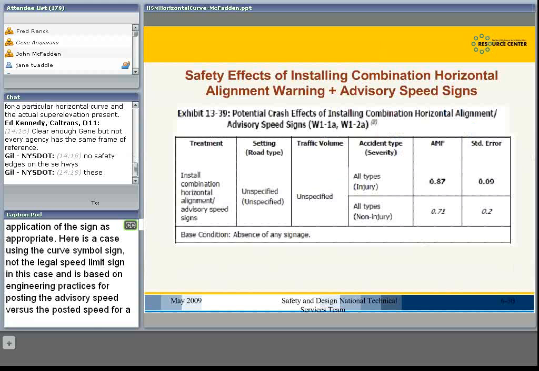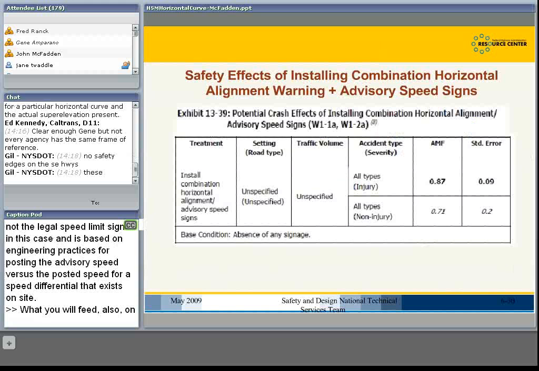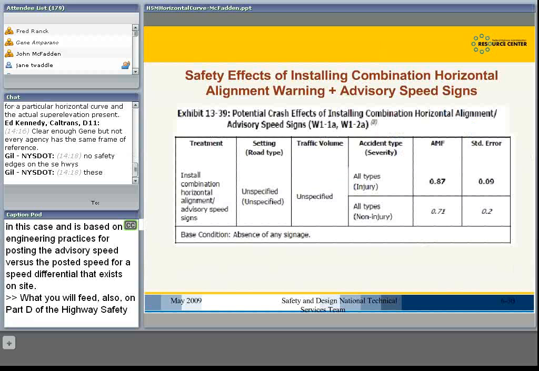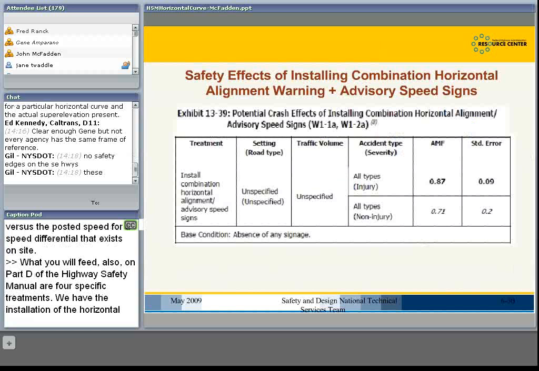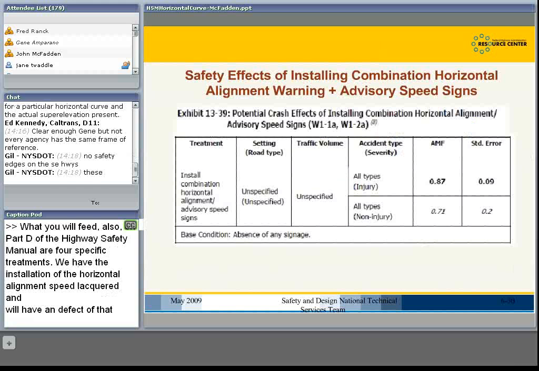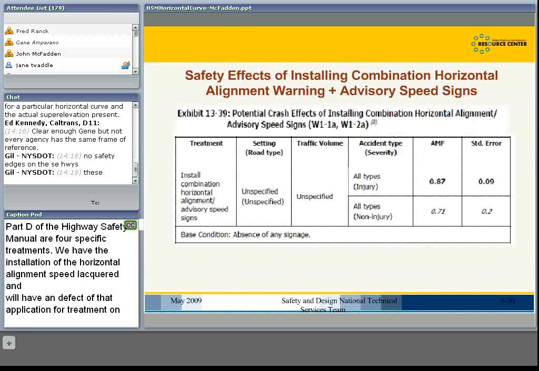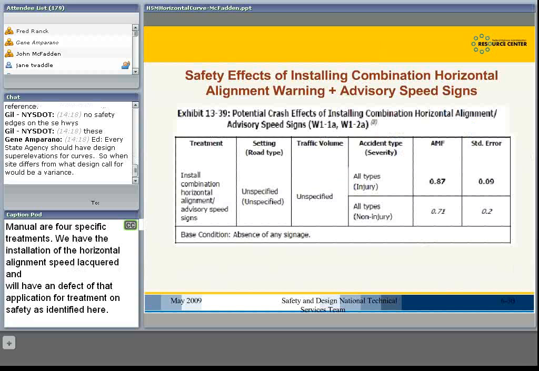So I would also encourage you to incorporate that warrant into the decision-making process for application of the signs, signals, and markings as appropriate. Here's the case for using the curve symbol sign, not the legal speed limit sign in this case, and this is based on engineering practices, where we're posting the advisory speed versus the posted speed for a speed differential that exists on site.